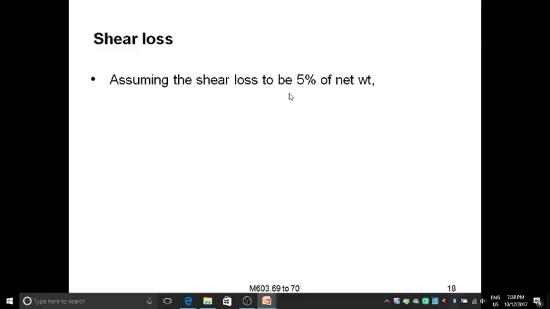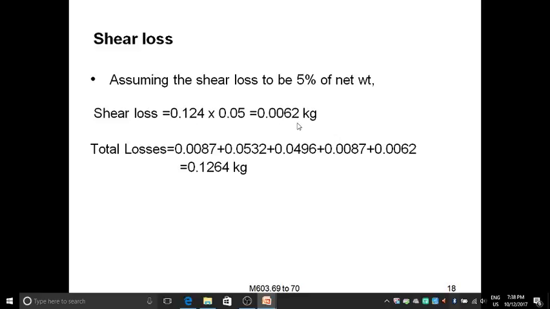You are aware that the shear losses may be considered as 5% of the net weight. So here he is multiplying 5% with the net weight, and you will get the shear loss. Very simple, you add all the losses.